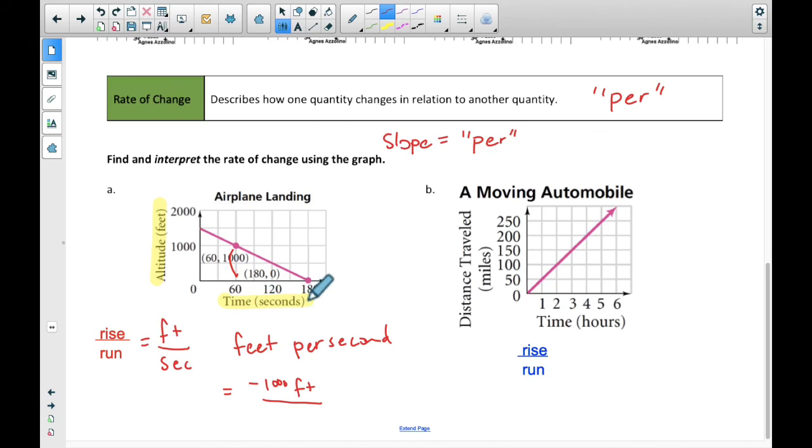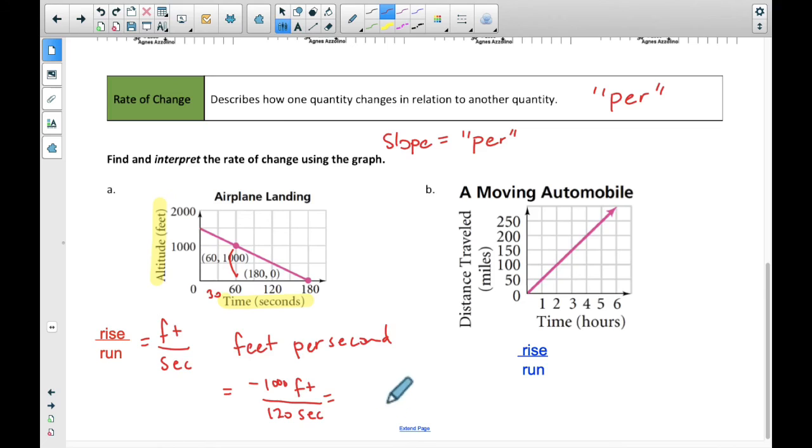How far is it from 60 to 180? I don't know if you can tell, but these are counting by 30s. So you could count 30, 60, 90, 120. Or you could just do the subtraction, and we've talked about that briefly, that y sub 2 minus y sub 1. So you could take 180 minus 60, and that is 120.